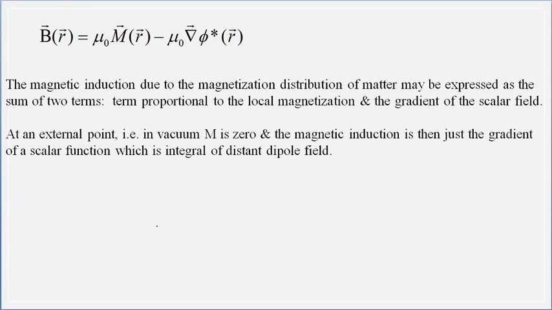So here I have written it again. This B will now be called the magnetic induction. M is the magnetization. The magnetic induction due to a magnetization distribution of matter may be expressed as the sum of two terms: a term proportional to the local magnetization, and a gradient of a scalar field.